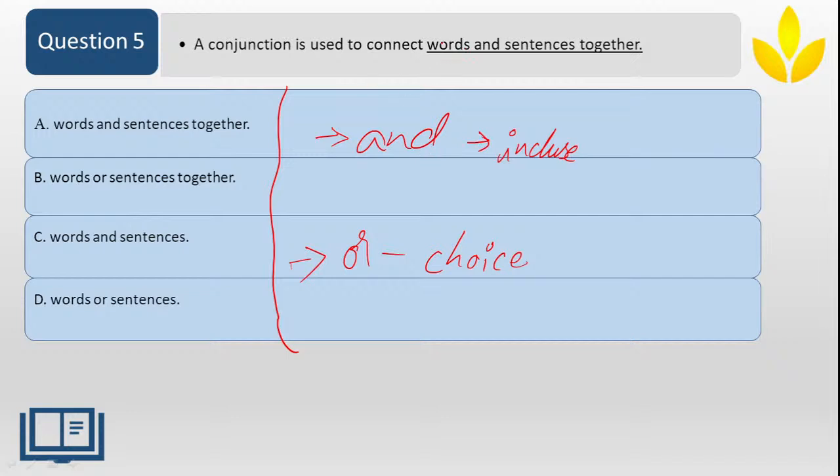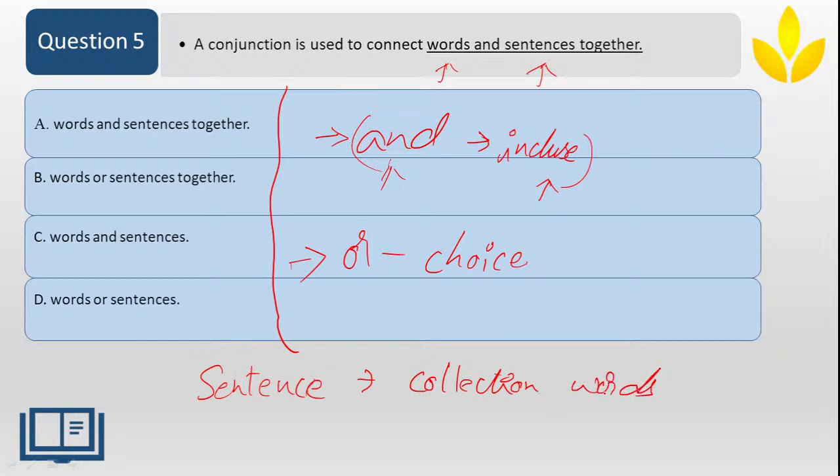So now you need to understand about words and sentences. Words are nothing more than and is a word, inclusive is a word. So when it is used in a sentence, the meaning is I am using multiple words in a sentence. Sentence is nothing more than collection of words. So it cannot be words and sentences.